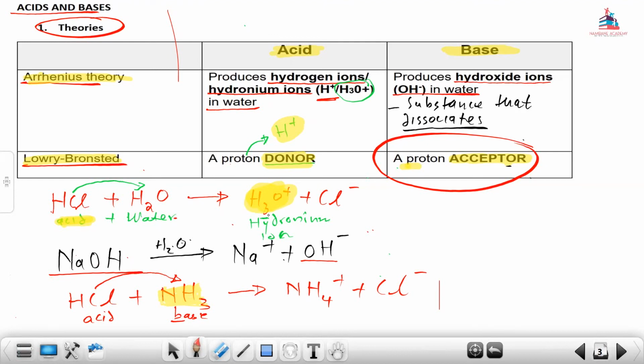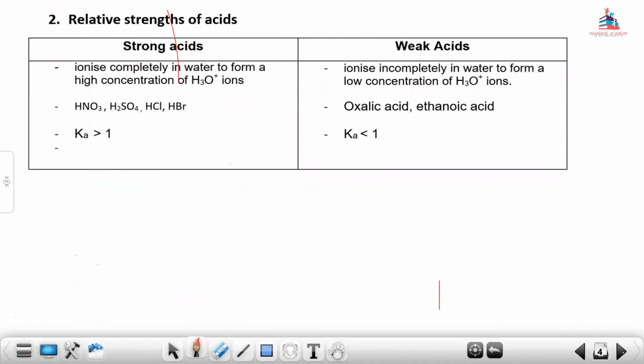Now, with that being said, I must also be in a position of classifying the relative strength of acids. What is relative strength of acids? We have acids that we classify as strong acids and acids that we classify as weak acids. As per definition, picture a question paper that says, define a strong acid or define a weak acid.